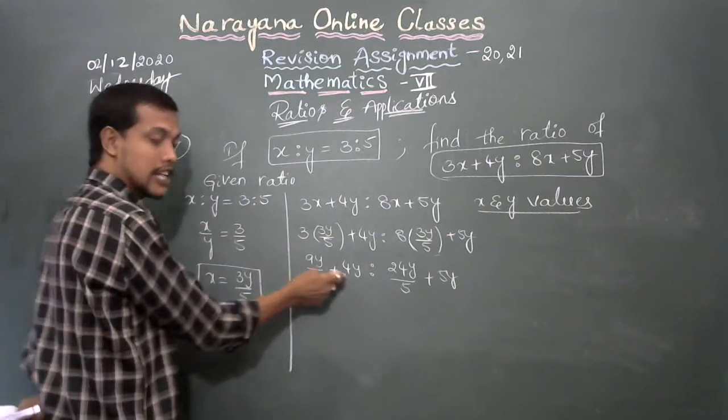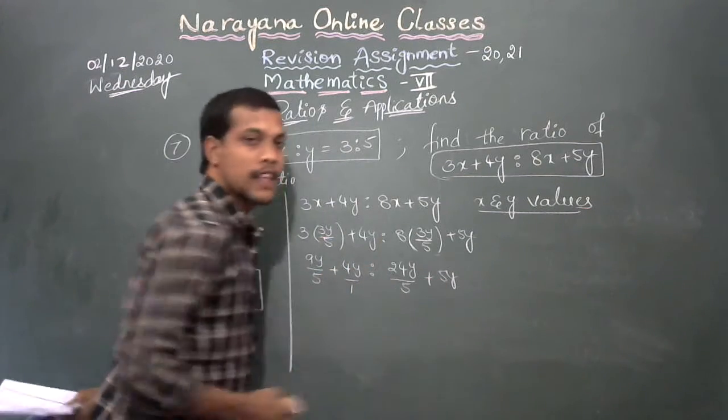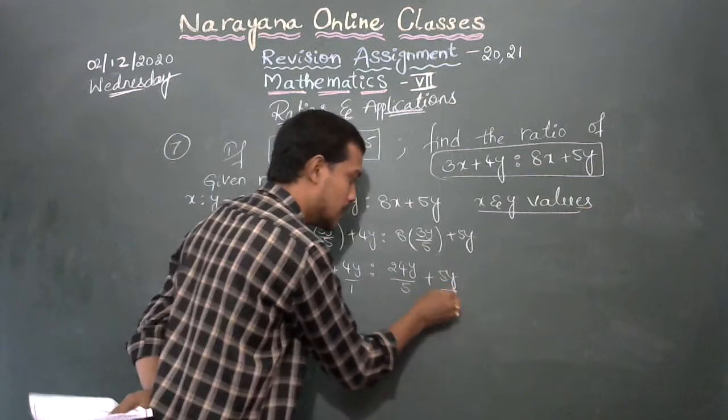In this 5y there is no denominator, that's why I'm keeping it as y, and here also there is no denominator, that's why I'm keeping 1.